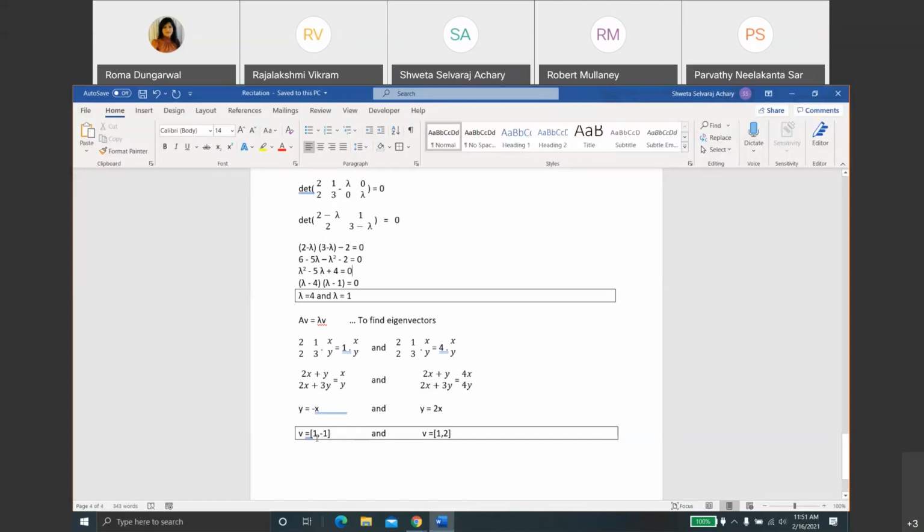So if you put x equal to 3, you are basically just multiplying the vector with 3. You can take the 3 common outside. You are just changing the length of the vector.